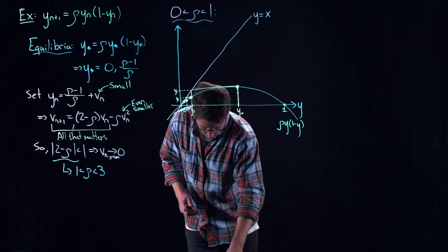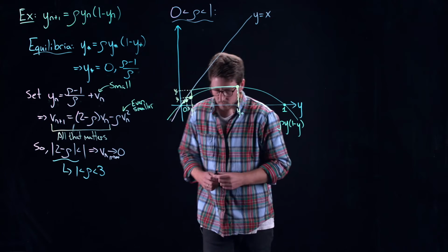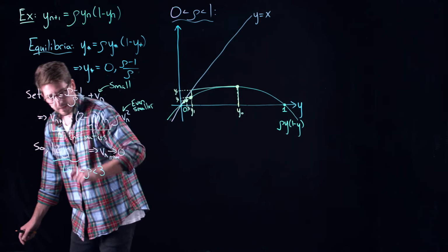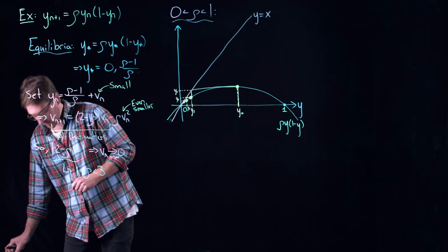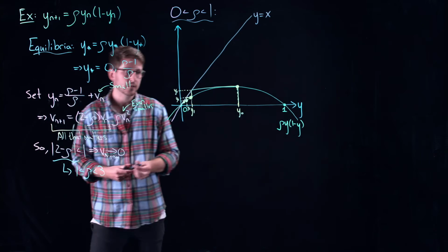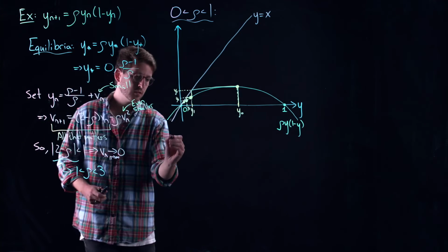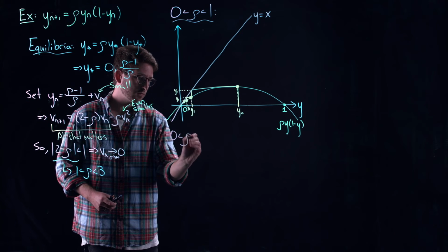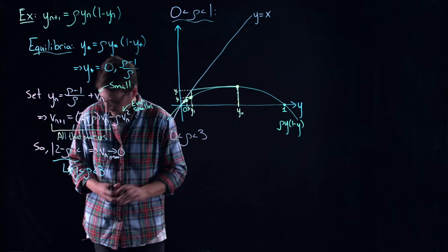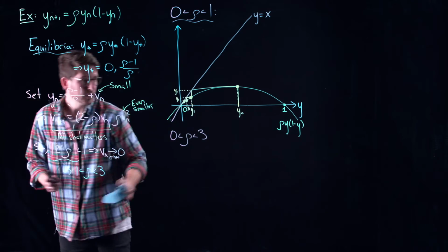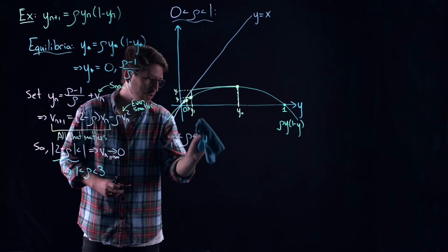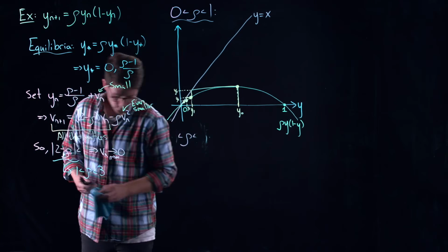Okay, so what about this case when rho is between 1 and 3? Well, let's draw this up. 0 is less than rho. 1 is less than rho. And actually, let's put it between 0 and 2 in this case.